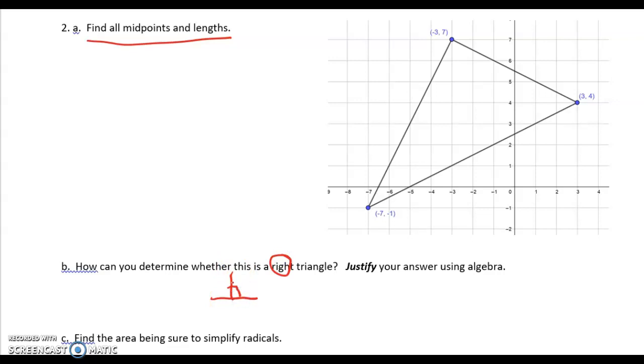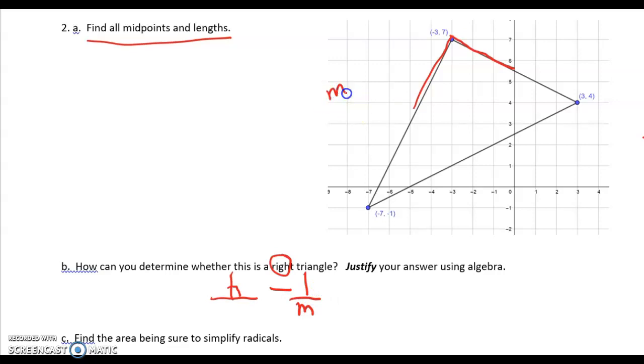My guess is if two sides were perpendicular, it would be these two. How can we tell whether it's perpendicular? Oh, we can see if in fact their slopes are opposite reciprocals, the opposite reciprocal of each other's slope.